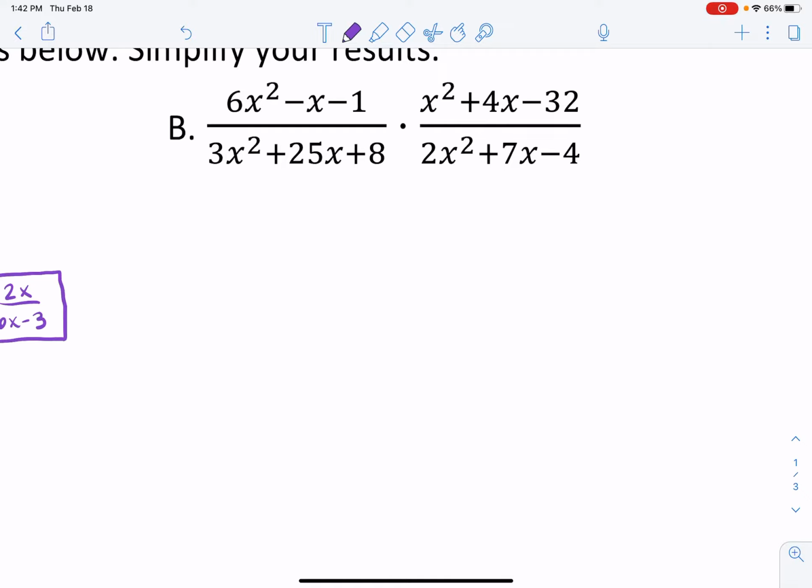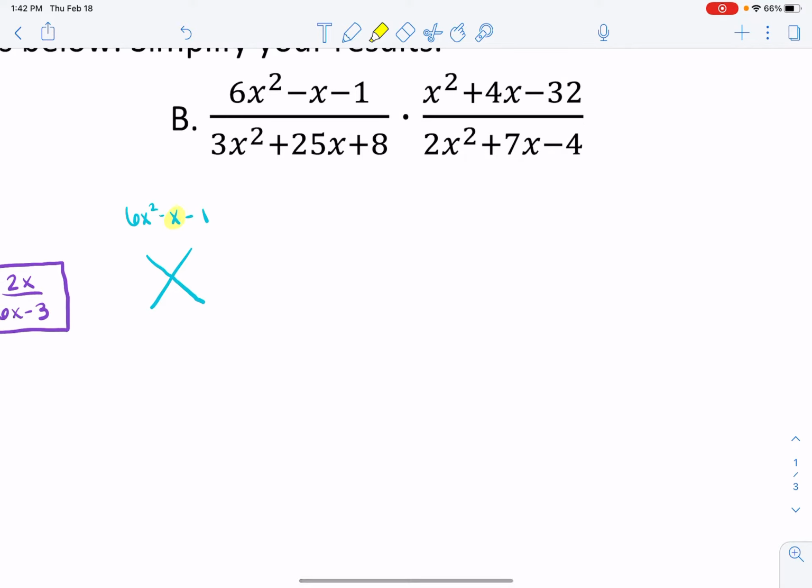Let's start with just the 6x squared minus x minus 1 first. To do the diamond method, we make our diamond and take the negative 1x in the center and place that in this spot.